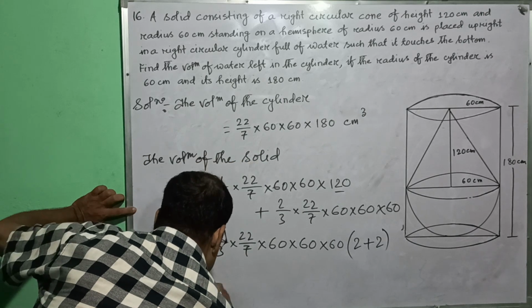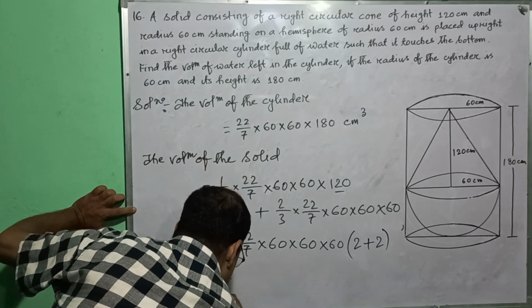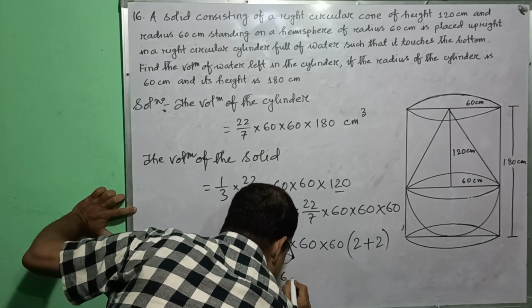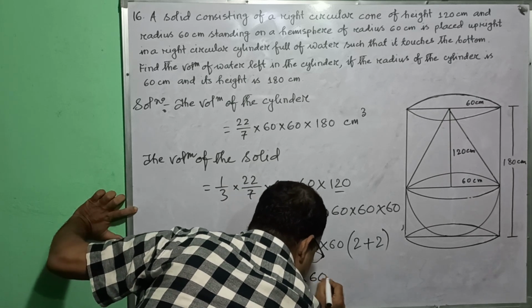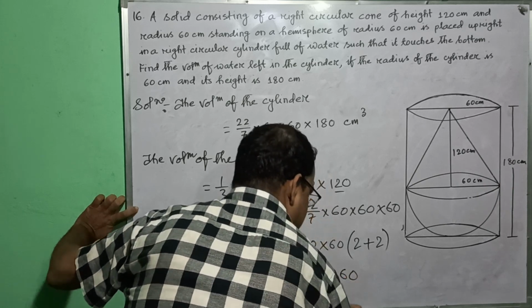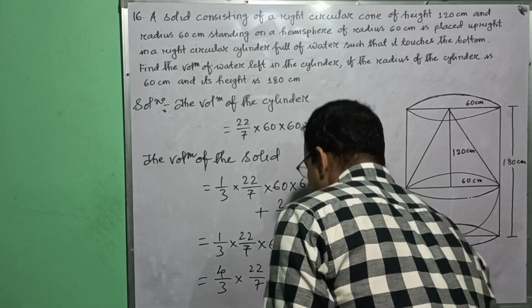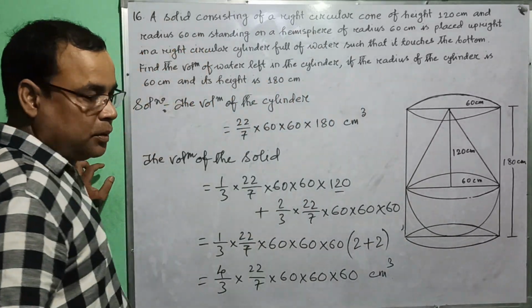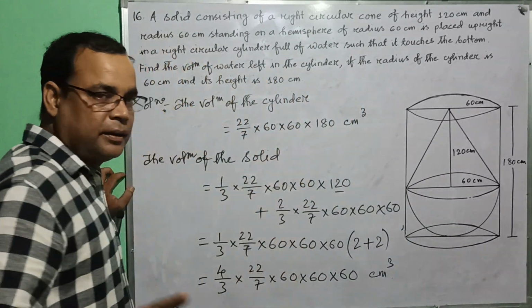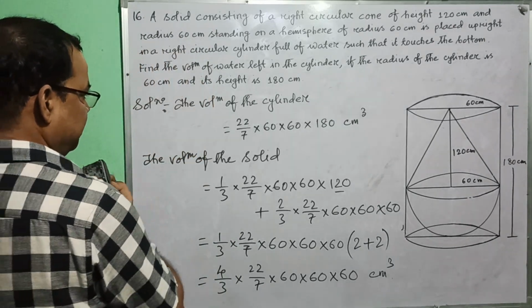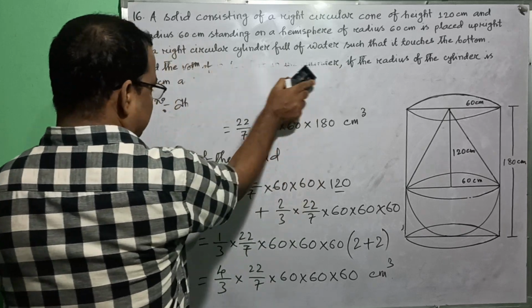So it will be 4 by 3 into 22 by 7 into 60 into 60 into 60 centimeter cube. So that volume, now we will subtract from that one to get the volume of water left in the cylinder.